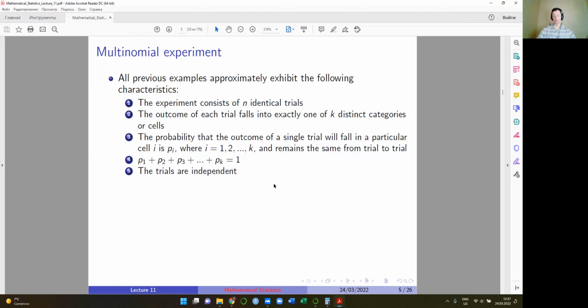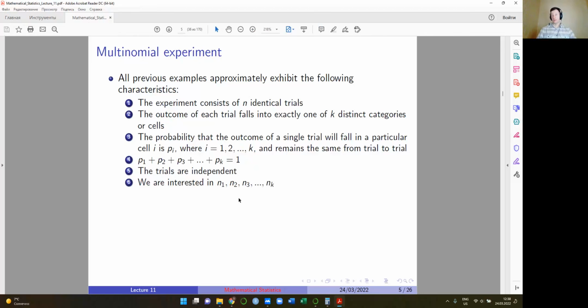So the outcome of one trial does not influence the other trial, which is more or less logical when we talk about asking customers about their satisfaction. So the response of one randomly chosen customer, and then the other customer that comes to the questionnaire, those are going to be independent of each other.